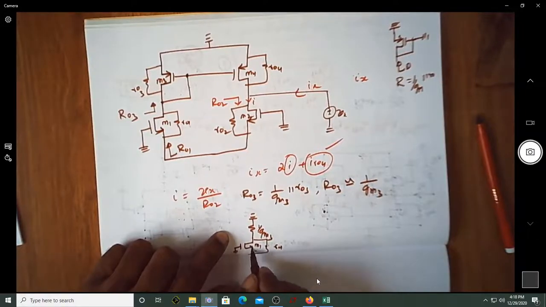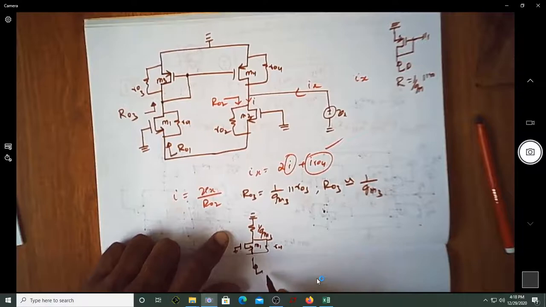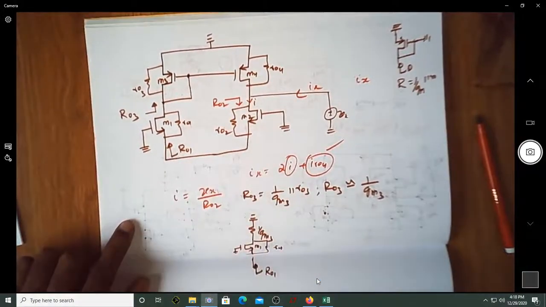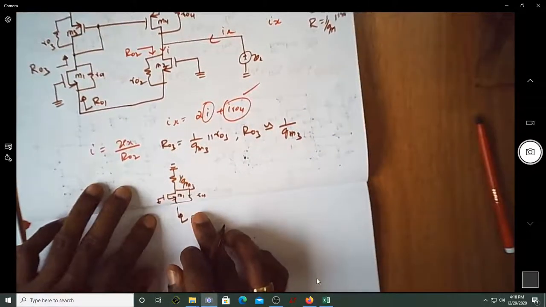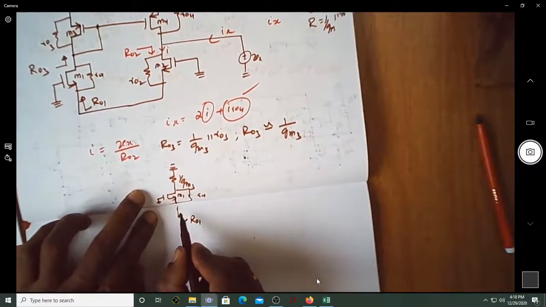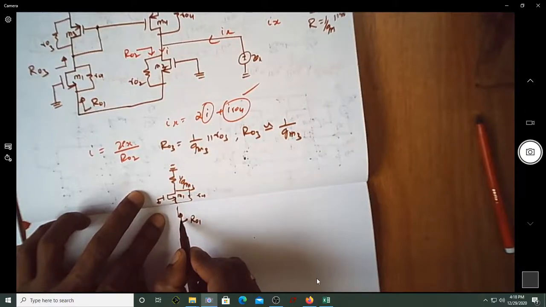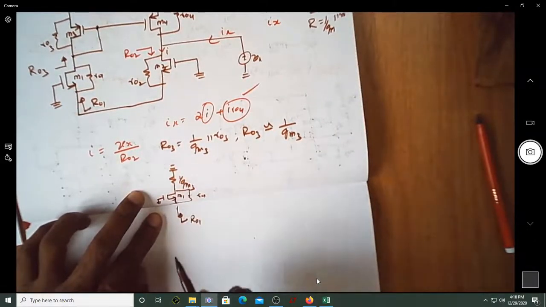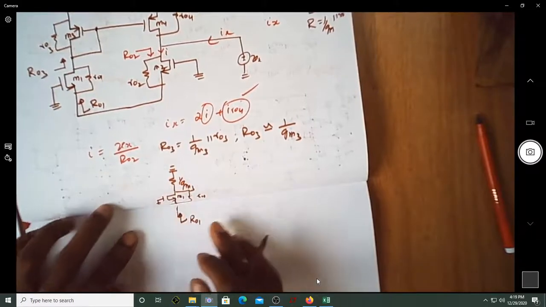You are trying to find the resistance looking towards the source, so it is a case of looking towards the source with the drain connected with 1 over Gm3.